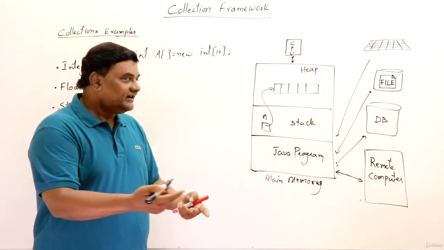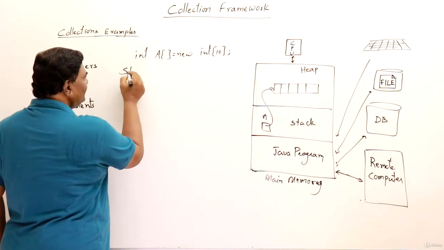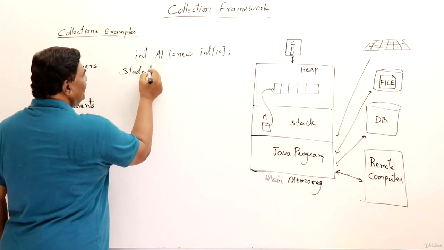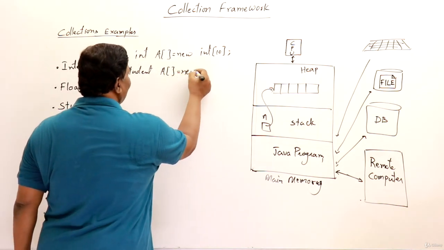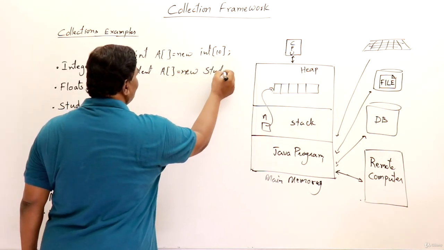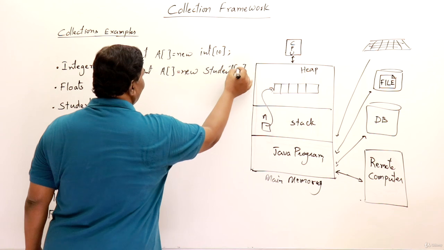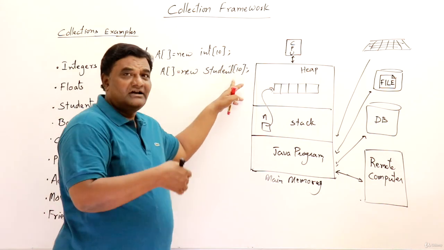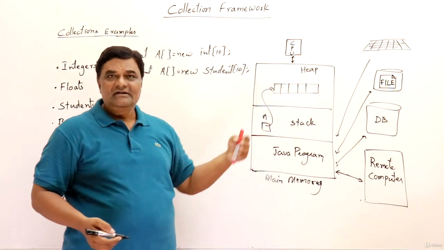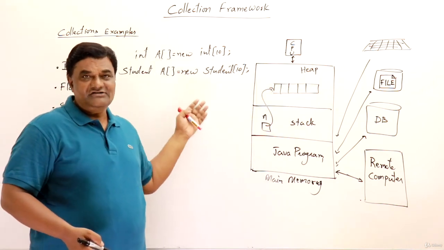If suppose you want an array of students, then you can say Student is a class and this is the array of objects of Student, then you can have an array of students also. You can create an array of some size. I have 20, so take 20. I have 100 students' information, so take 100. So this is the basic data structure that is provided.